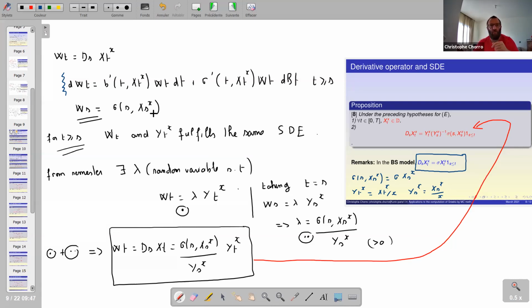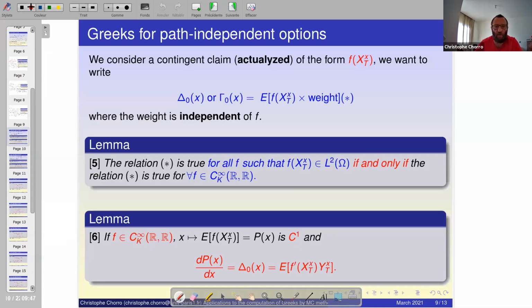So the first case we are going to consider is the case where I want to compute the Greeks for a contingent claim that is of this form. Why do I put "actualized" in parentheses here? Because you know that in general, the price at time t equal to 0 of a contingent claim is given by the conditional expectation under Q of the actualized payoff.